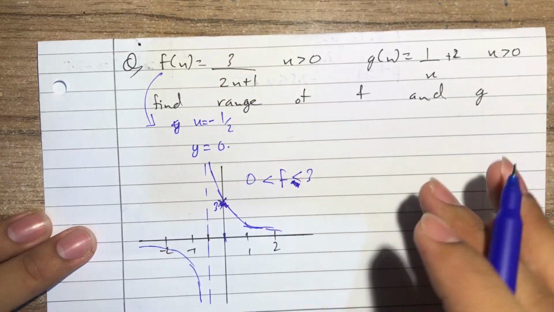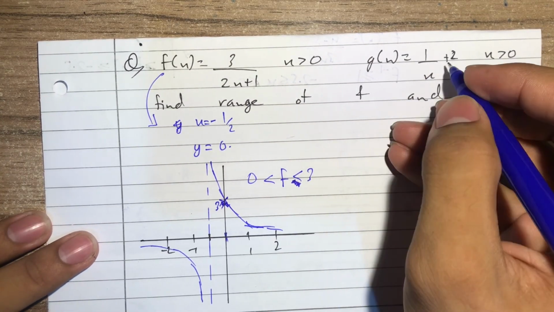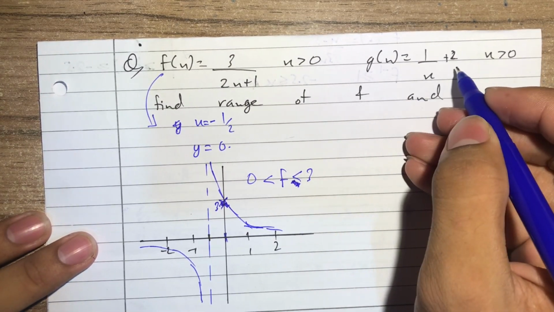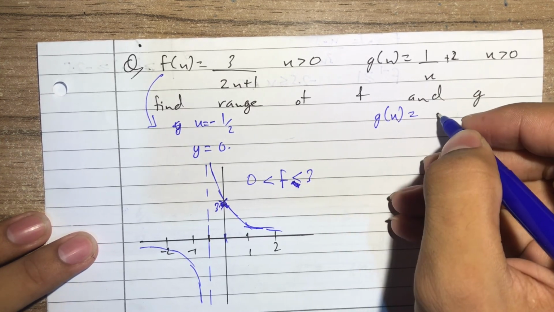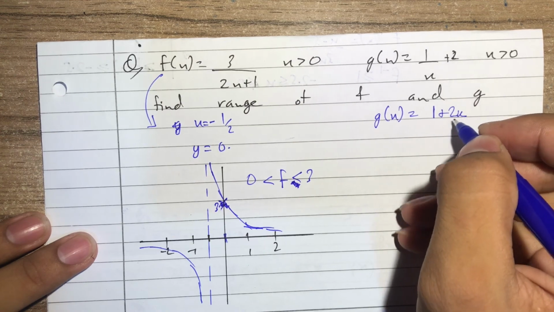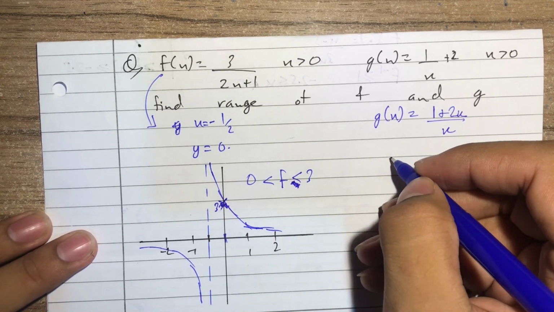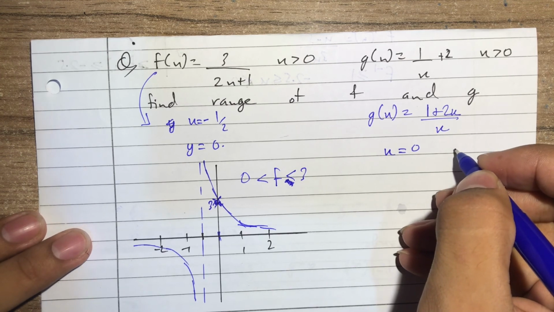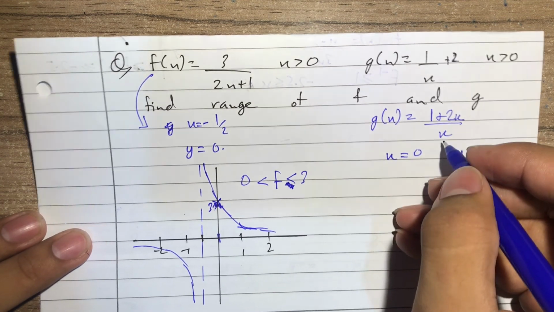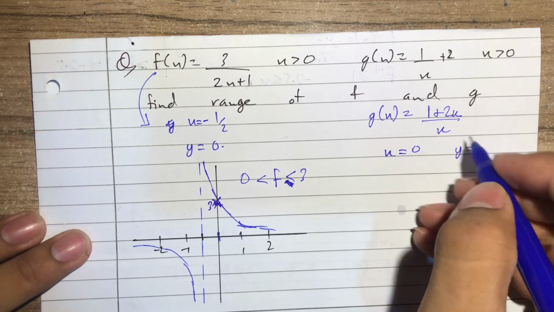Now for the second part, for g, I'll first simplify this. I'll take the LCM, and then g(x) will become 1 plus 2x upon x, right? So the vertical asymptote will be x equals 0. The horizontal asymptote will be the ratio of the coefficients of x, that is 2 upon 1, that is 2.